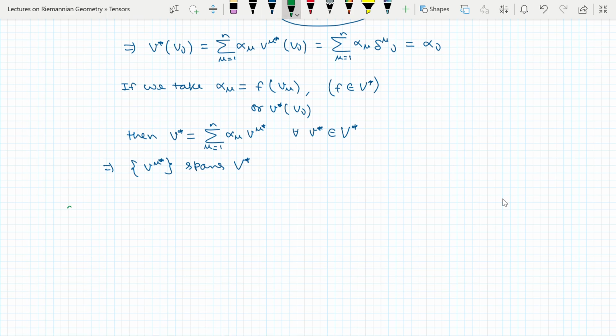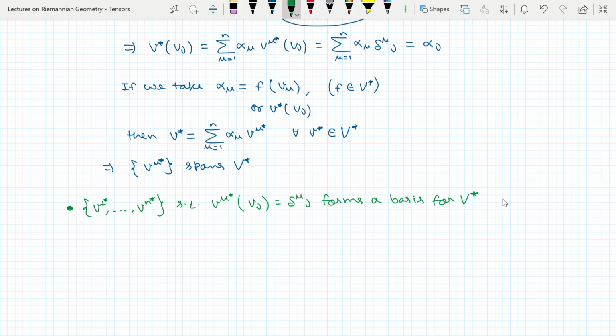This gives you the final result that V1 star up to Vn star, such that V mu star of V nu equals delta mu nu, forms a basis for the dual space V star.